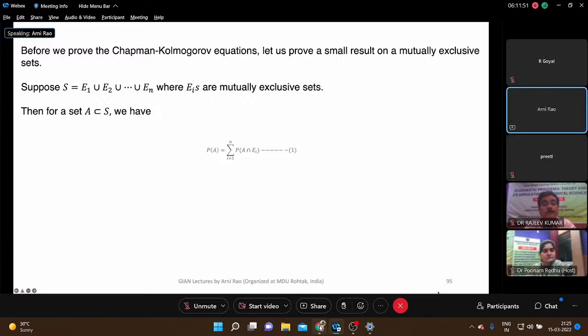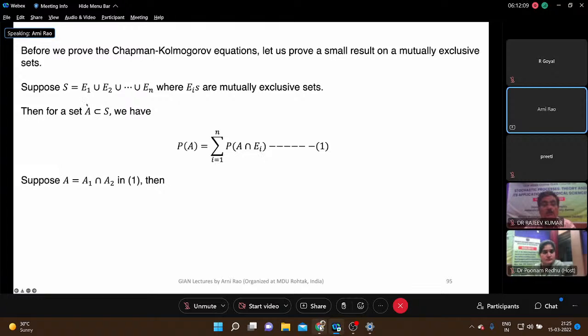Then if you write a set A subset of S, for some set which is a subset of this, you take a subset of that A, then probability of A is equal to the sum of probability of A intersection EI.